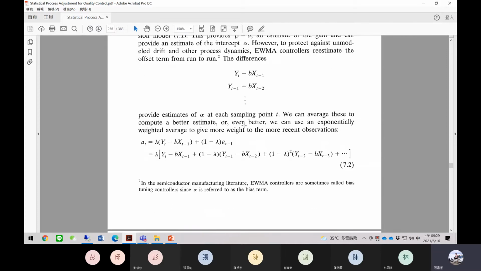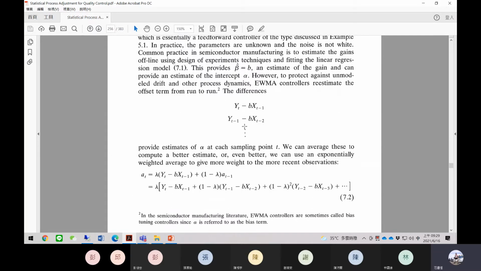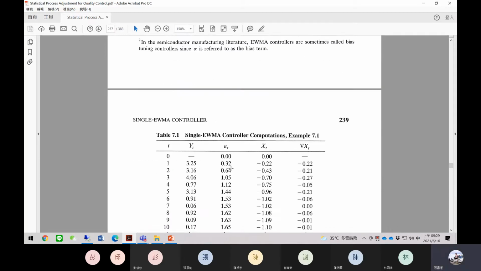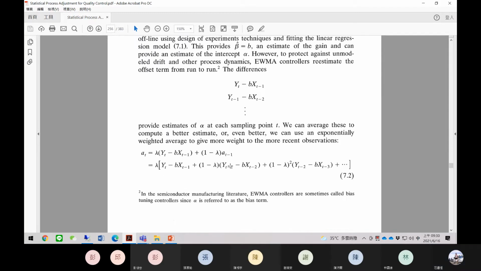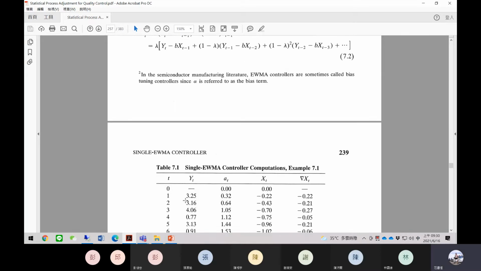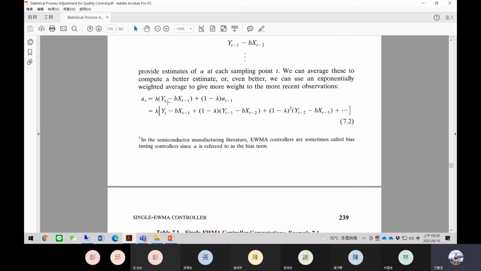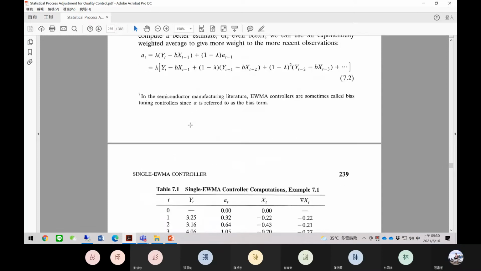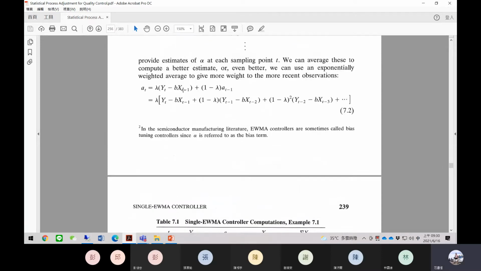B equals 1.5. We have 0.32 like this. We have a 0 right here, and Y equals 3.25. Y equals 3.25 minus B equals 1.5, and x0 is 0.